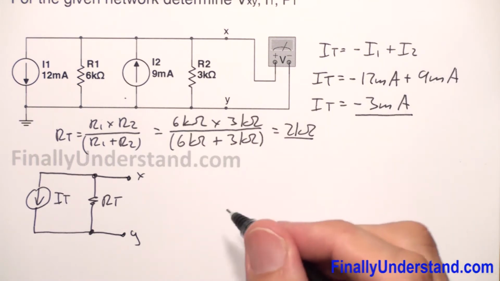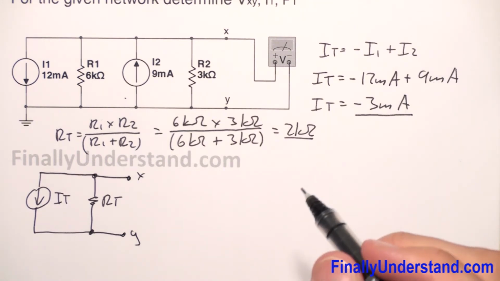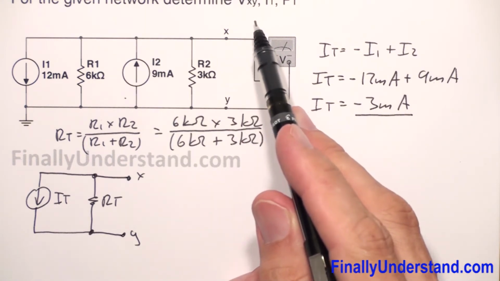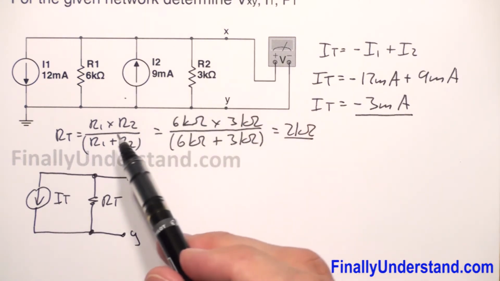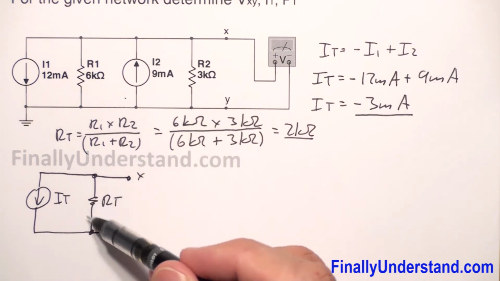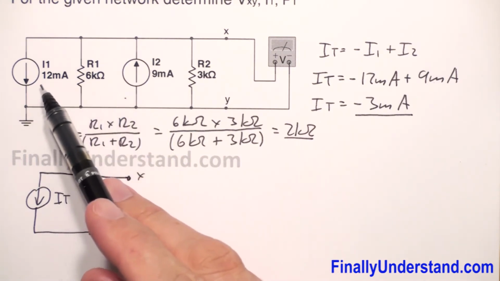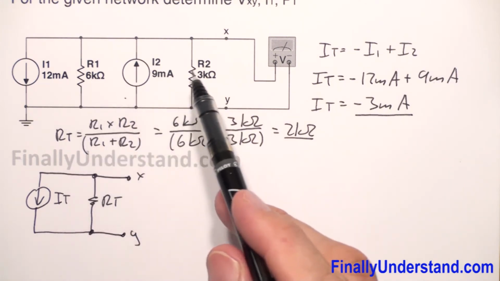Okay, so we have to find Vxy. You're supposed to realize that we are talking about the parallel circuit. So if I'm going to find the voltage across this resistor, this is going to be the voltage across each component in my circuit.